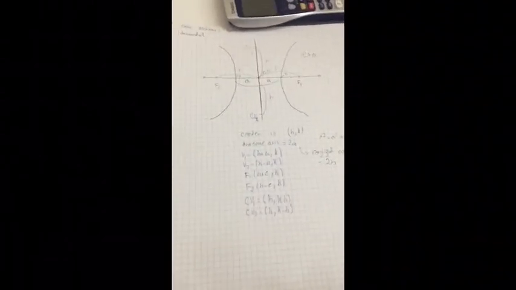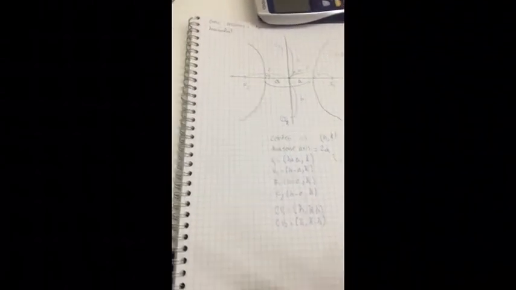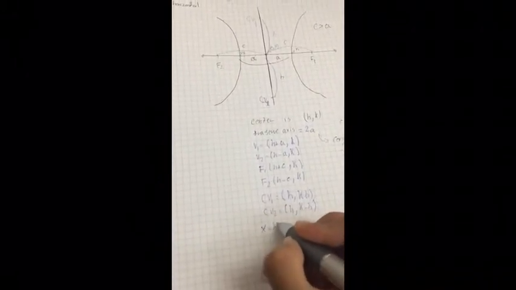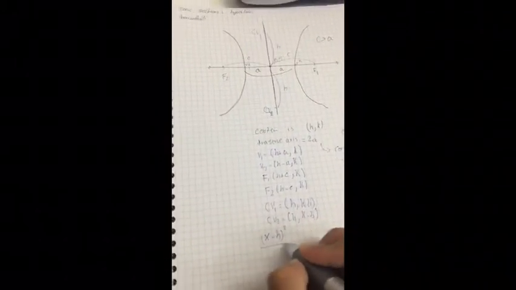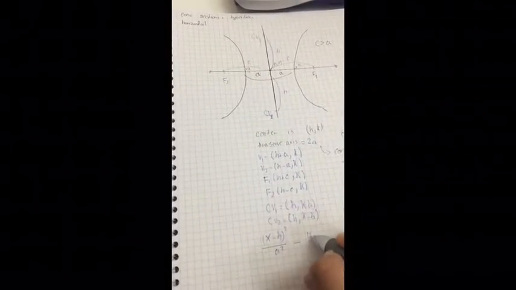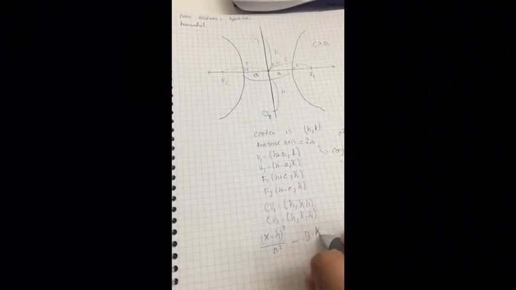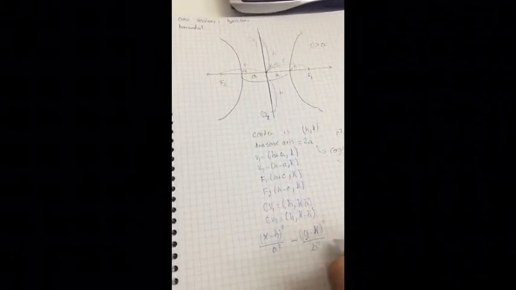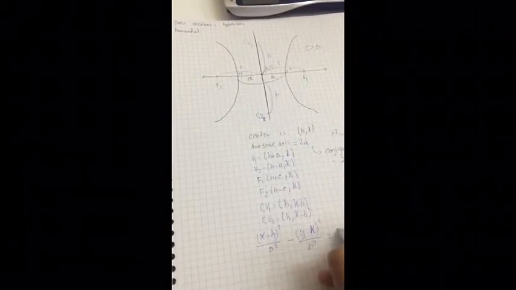The equation of this hyperbola is x minus h squared over a squared minus y minus k squared over b squared equals 1.